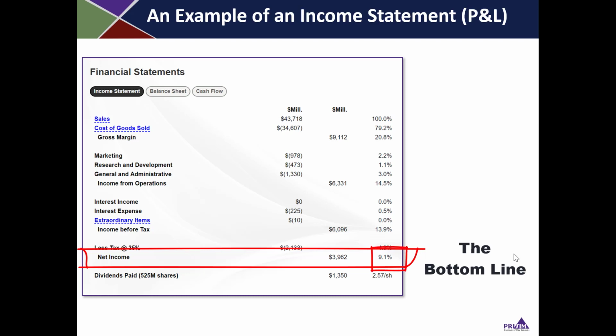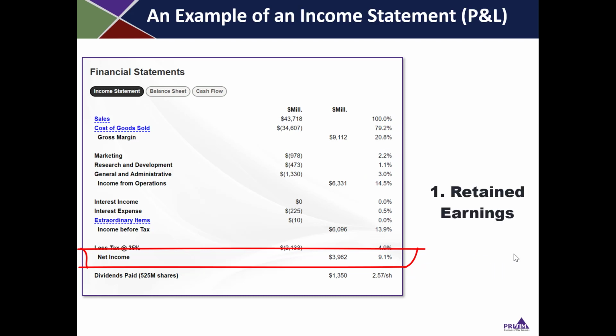So when you hear that term margin, generally people are talking about that percent, profit as a percent of the sales, whether it's gross margin, operating margin, or net margin. It's that percent on the right-hand side of the screen. And net income after tax can go to one of two places broadly.